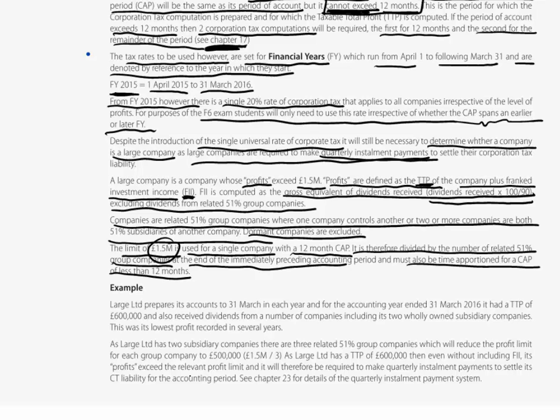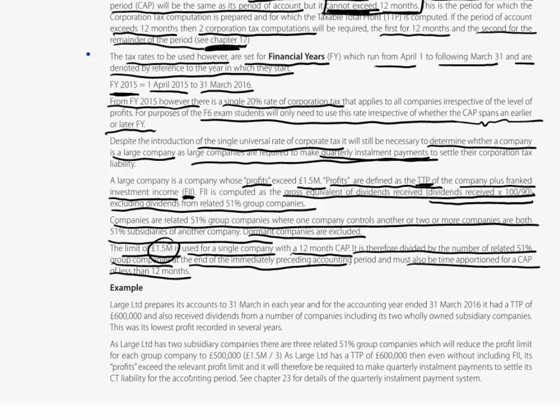But in determining whether the company is, in inverted commas, large and therefore may have to make quarterly instalment payments, the limit of 1.5 million will be reduced in either of two circumstances. Either where we've got a short chargeable accounting period, less than 12 months, where you simply time apportion.